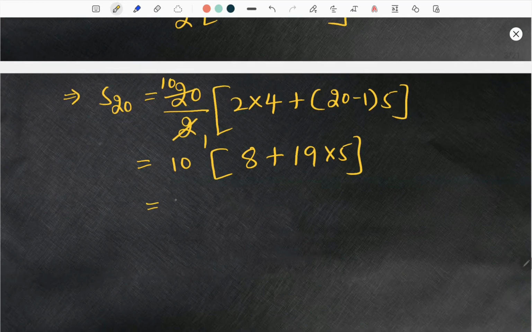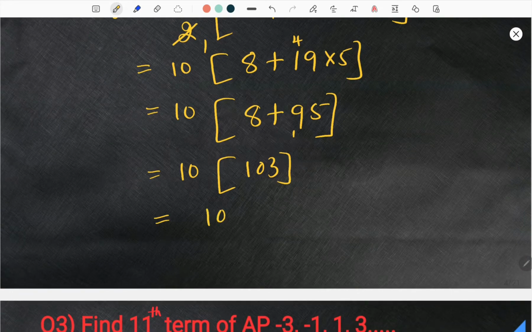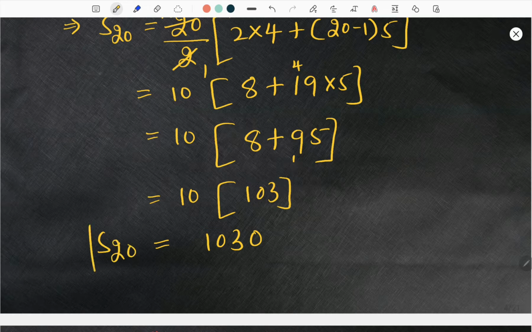Be careful while doing these calculations: 5 nines are 45, 4 is the carry, 5 ones are 5, 5 plus 4 is 9, 95 it is. So it becomes 10 bracket 103, 95 plus 8 is 103. Then I am going to have it as 103 and one more 0, 1030. So this is the sum of the first 20 terms.